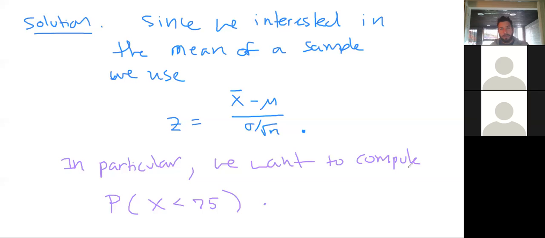If I select 15, I'm likely to choose 15 different people than, say, maybe Liam selects. So we can't expect that the mean I get of the 15 to be the same as the mean that Liam gets, or the mean that someone else would get. Perhaps, Zach, you go out and collect 15. You're going to get a different mean. Since every one of us is likely to get a different mean if we perform the same experiment, that is a random variable.